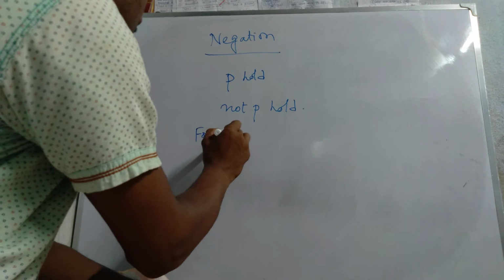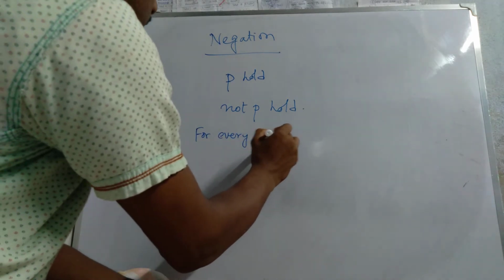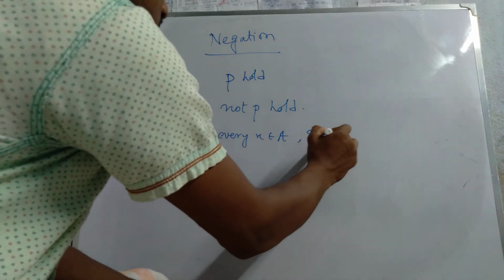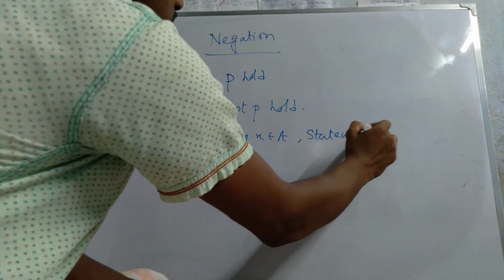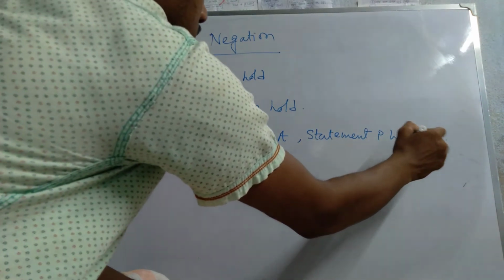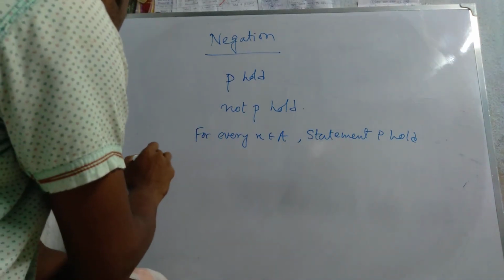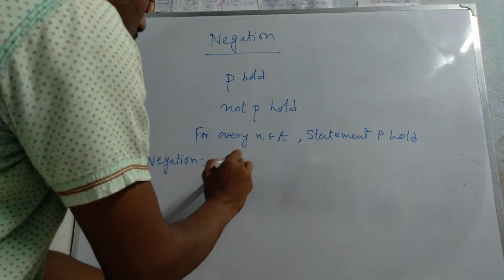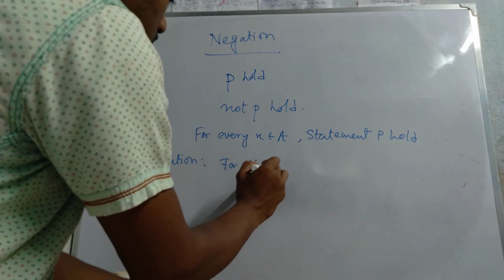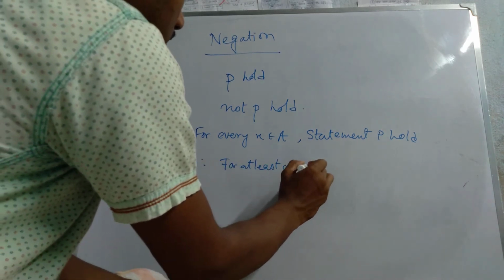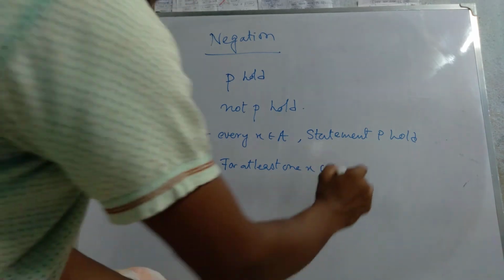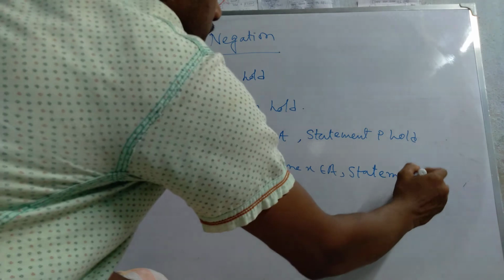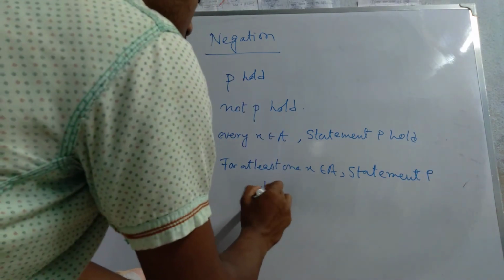For every x belonging to A, statement P holds. Then the negation is: for at least one x belonging to A, statement P does not hold.